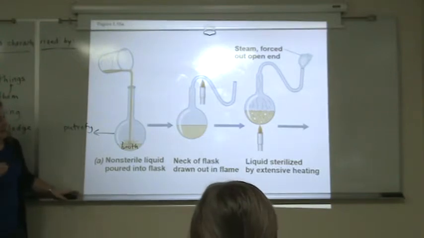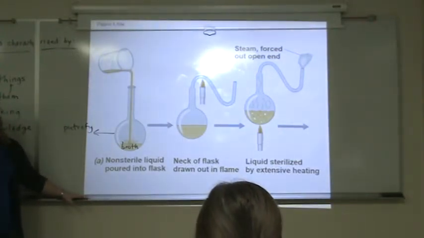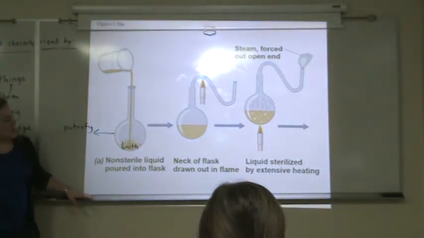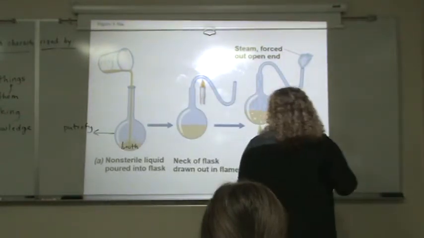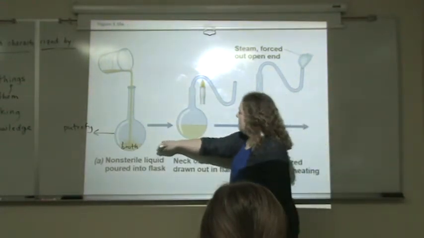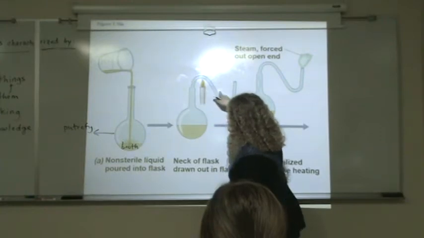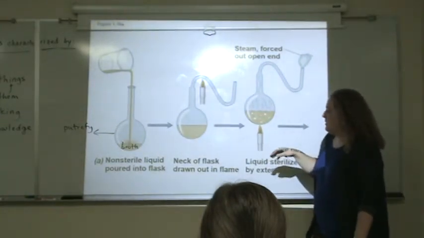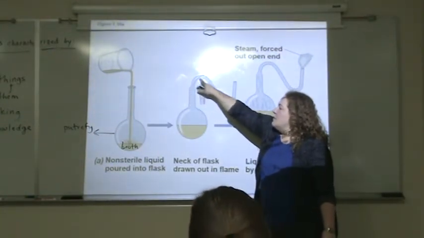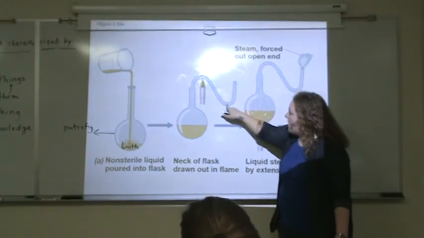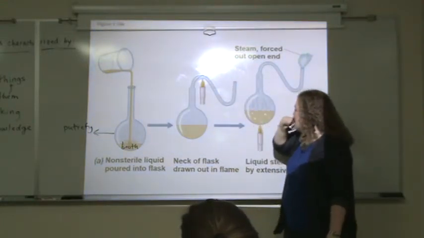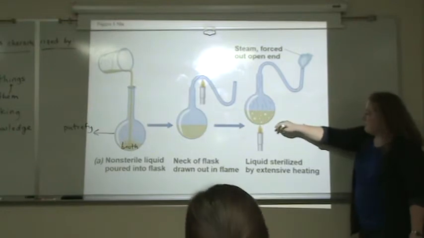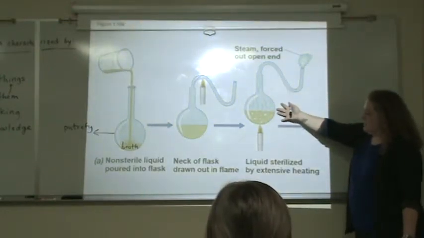Pasteur and a lot of other scientists were pretty sure that was not what was happening. But what he did that was genius to prove it is he took broth and he put it in this thing called a swan neck flask. So this is indicating that you bend the glass and make the flask have this bend in it, and then you boil it, and then you let it sit.